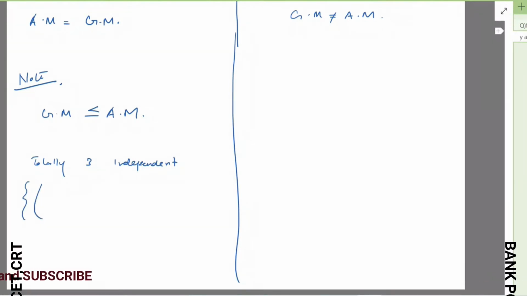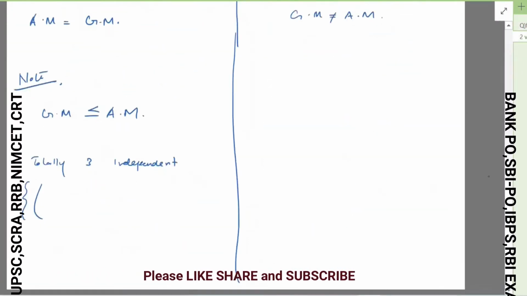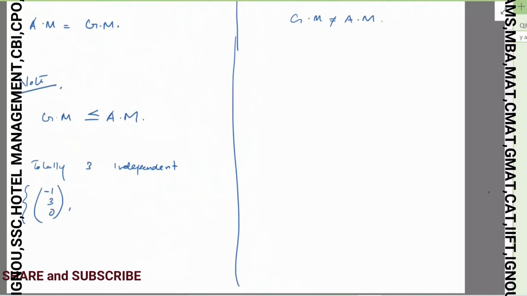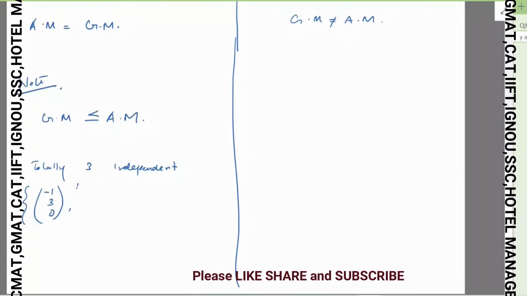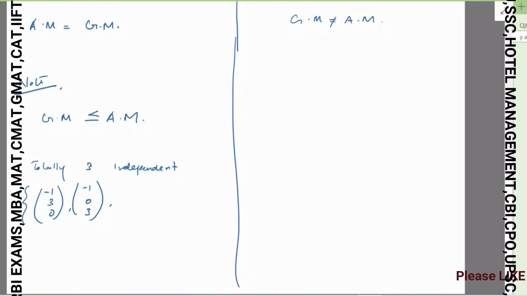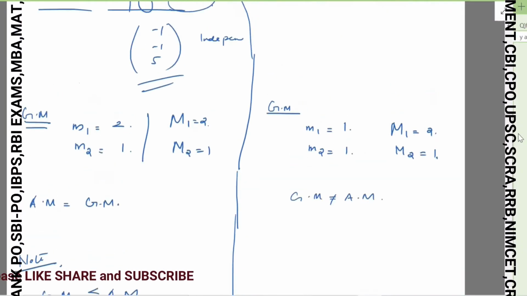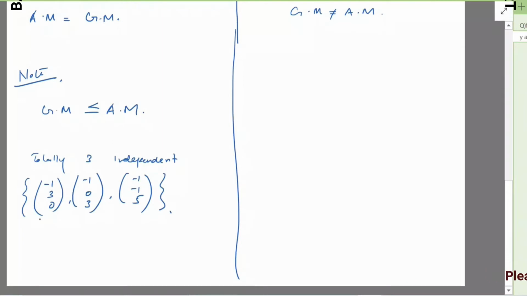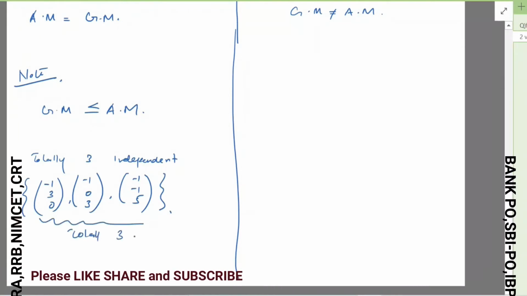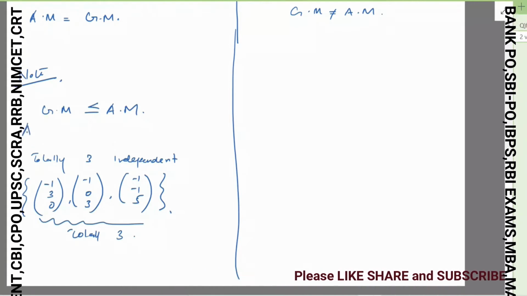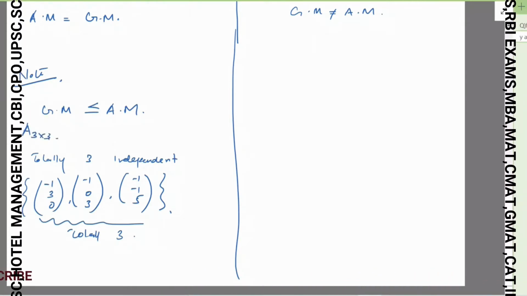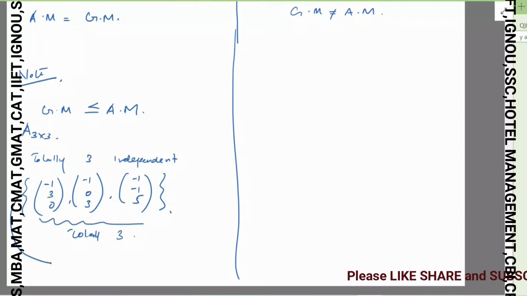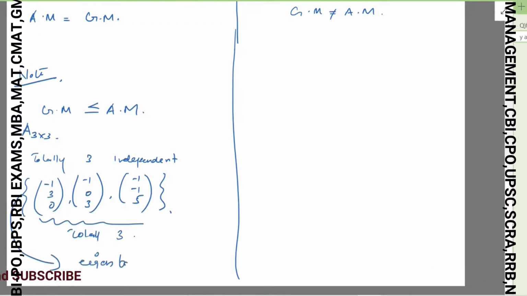Corresponding to 1, we got 2 independent eigenvectors, which are (-1, 3, 0) and (-1, 0, 3), and corresponding to the eigenvalue 2, we got 1 independent eigenvector, which is (-1, 5). So there are totally three independent eigenvectors for the matrix A, which is a 3 by 3 matrix. So if A is a 3 by 3 matrix and it has three independent eigenvectors, this will form a basis, which is called an eigenbasis of A.